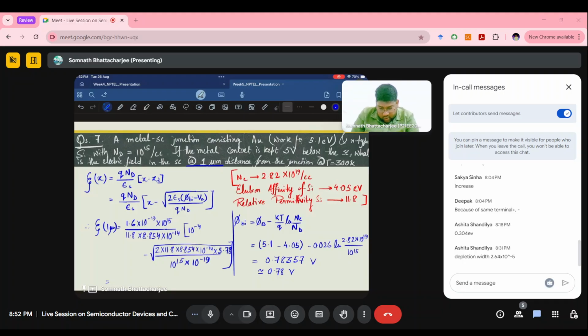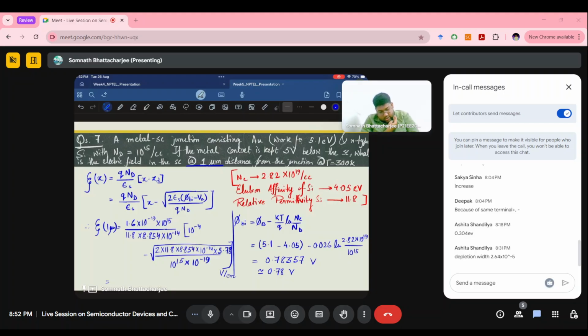Let's calculate it separately. The value would be in volt per centimeter, right? 1.6 multiplied by 4 divided by 11.8 divided by 8.854.